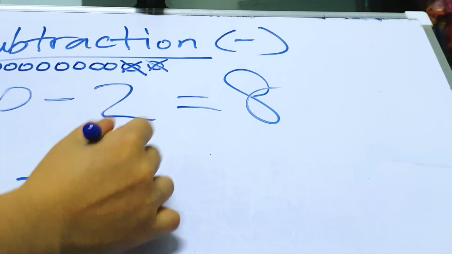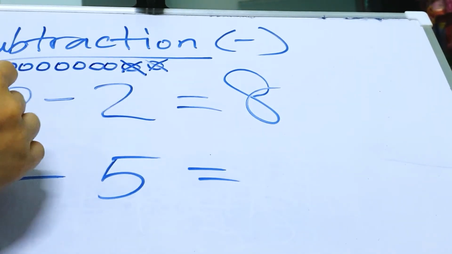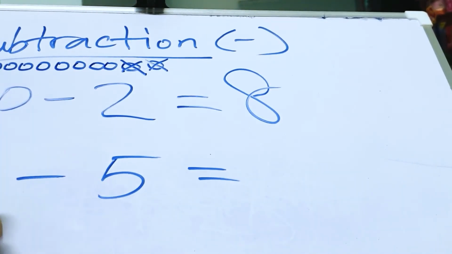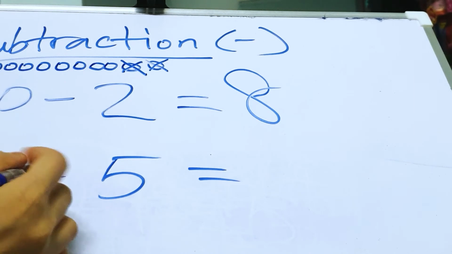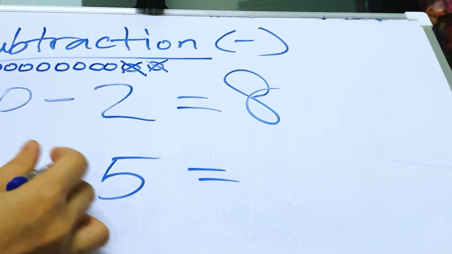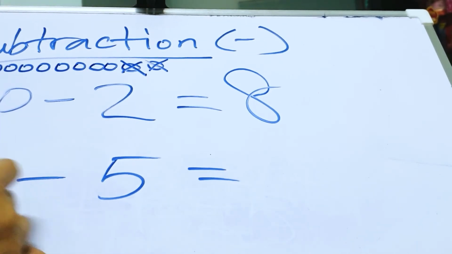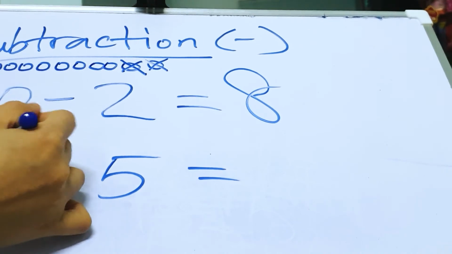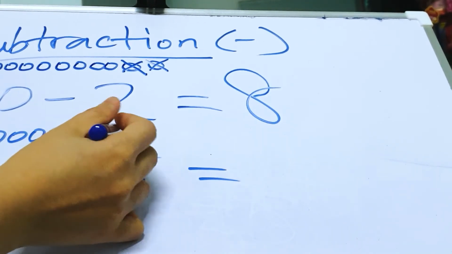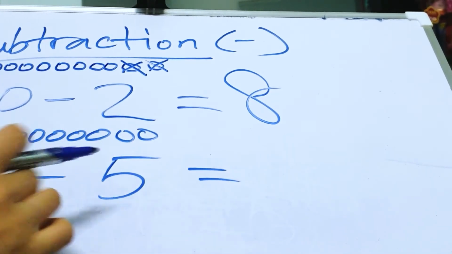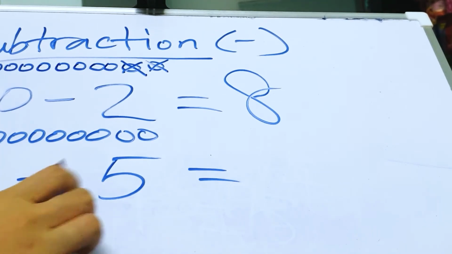Let's have another one. If I have 9 minus 5, do I draw 5 balls or 9 balls? This is a minus, so I need to draw 9 balls. 1, 2, 3, 4, 5, 6, 7, 8, 9. After that, minus 5.